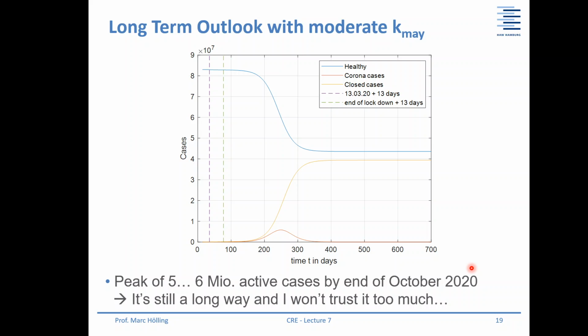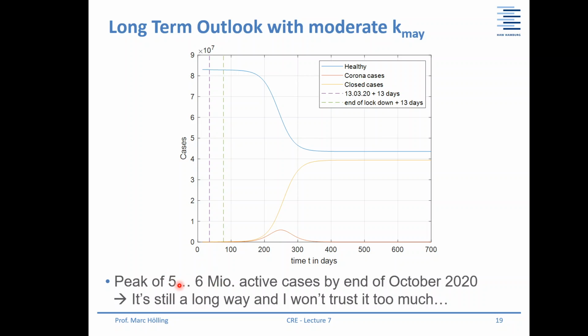Okay, then I just want to show you a long-term outlook with this moderate rate constant. If we choose this value to be 35%, then you could see that at day 250 or so, this would be end of October, if I counted correctly, this would be a peak of like 5 to 6 million active cases. So it's not really dramatic.